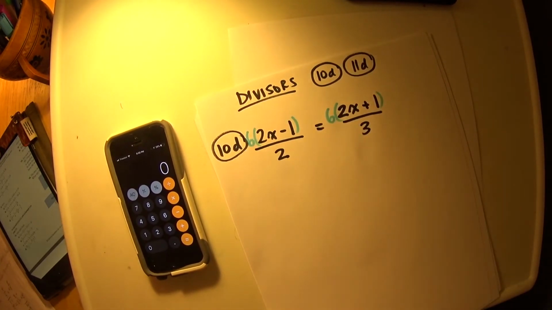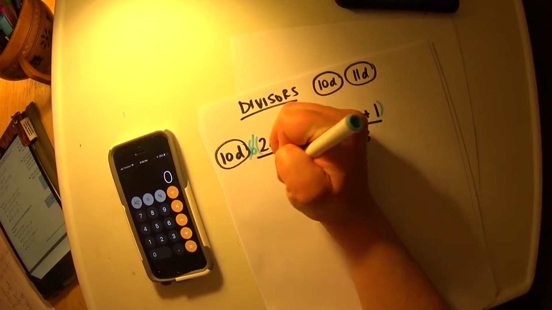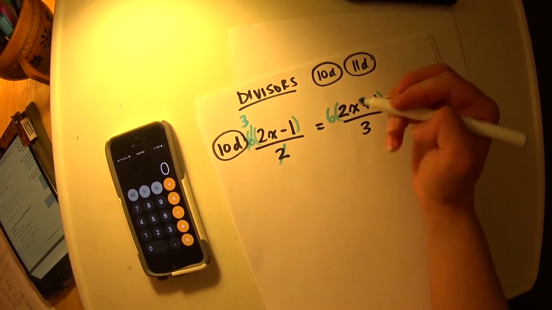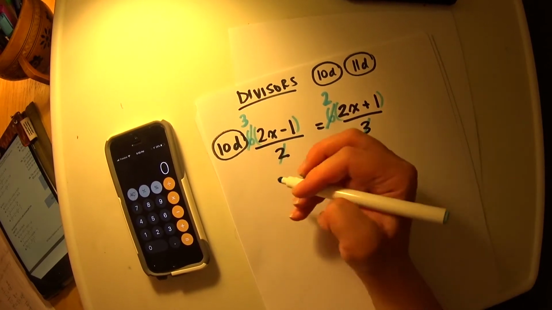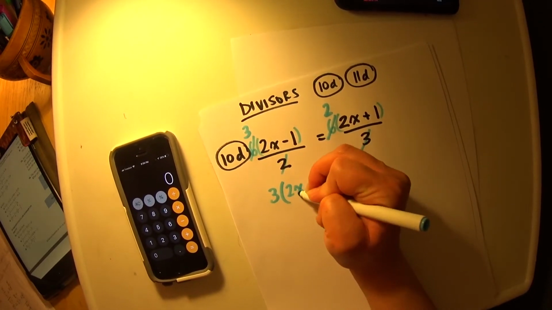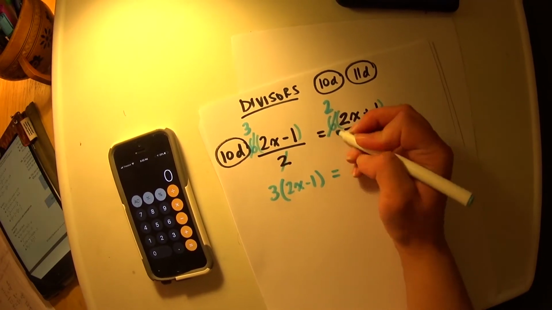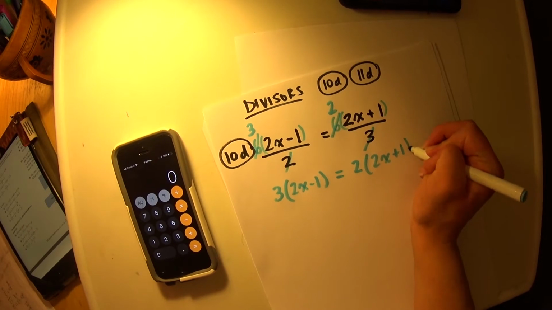Then we use that to get rid of the divisor. We actually divide it out. 6 divided by 2 leaves me with 3 here. 6 divided by 3 leaves me with 2 here. So what I'm left with is 3 times (2x minus 1) equals 2 times (2x plus 1).